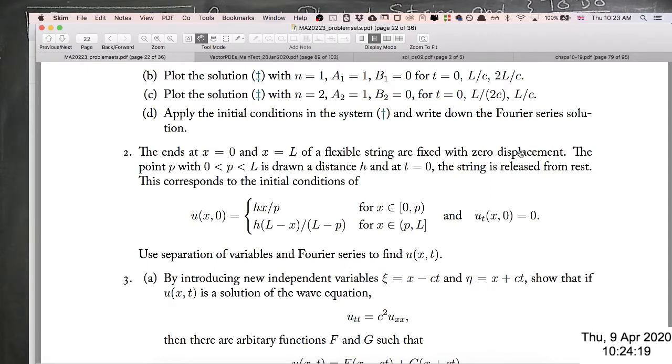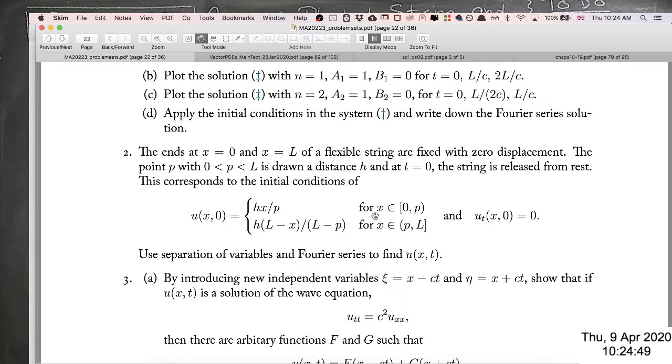So the displacement u is 0 at 0 and L. Then at some point P, which lies within the domain from 0 to L, the string is drawn to a distance of h, and at t equals 0, the string is released from rest. So the initial displacement is given by this condition where the string is drawn to a distance h, and the initial velocity is 0. The string starts from rest.